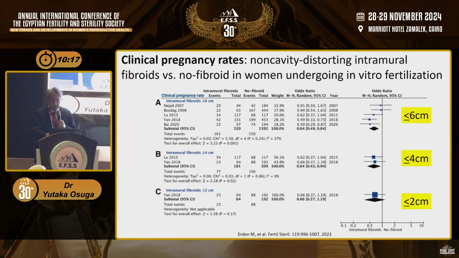Likewise, fibroids at the size of 4 centimeters or less also decreased the pregnancy rate, while fibroids at 2 centimeters or less did not decrease the clinical pregnancy rate. So fibroids over 2 centimeters could cause infertility even when there's no distortion of the intrauterine cavity.